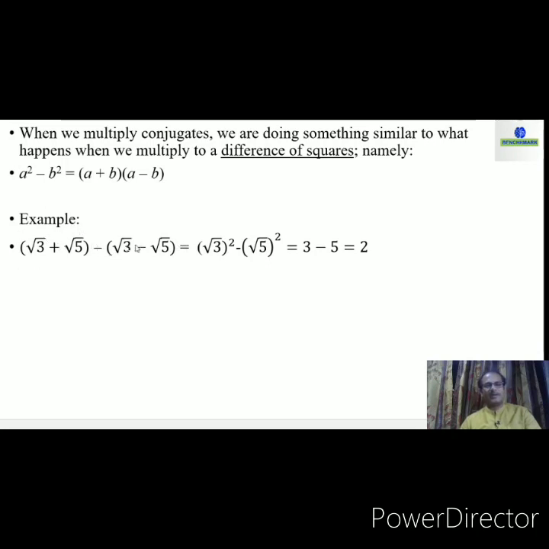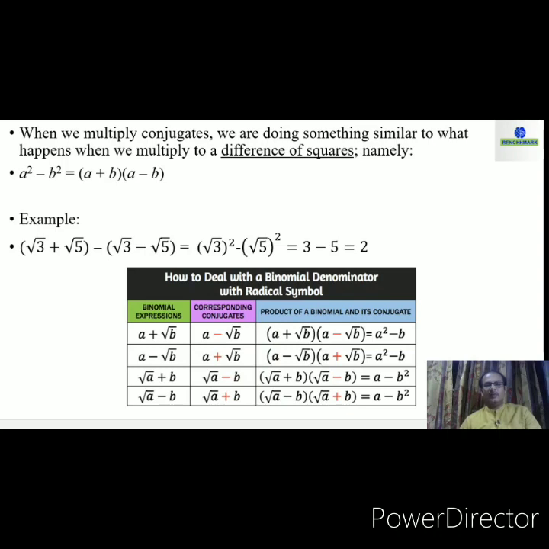Comparing this example with the formula, a is root 3 and b is root 5. So we get root 3 plus root 5 as a plus b and root 3 minus root 5 as a minus b. So a plus b into a minus b is equal to a square minus b square, and that gives me 3 minus 5, which is equal to minus 2.